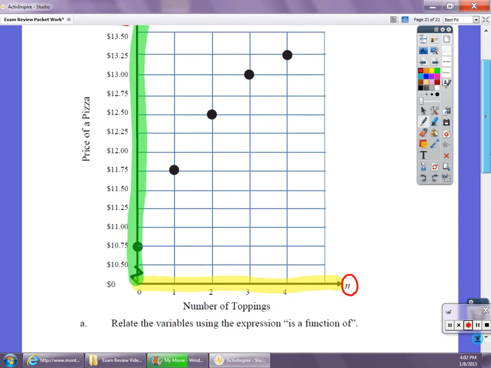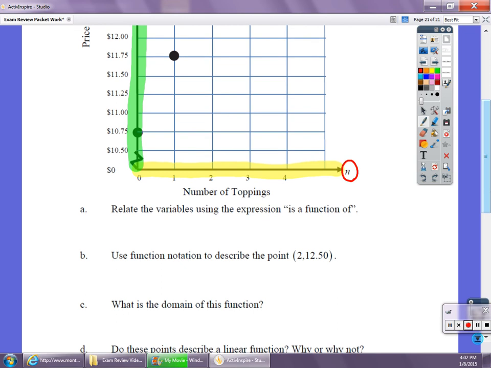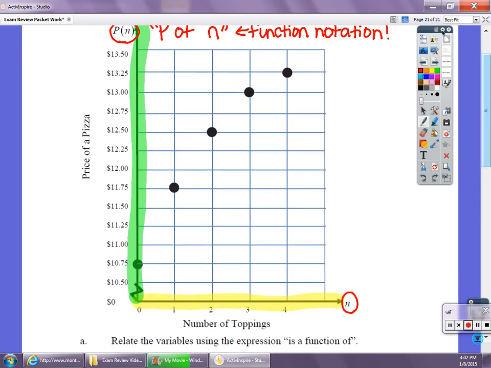So let's look at our questions. A, relate the variables using the expression "is a function of." So what we want to decide is which one of these variables is going to be independent and which one is going to be dependent. The independent variable is the one that's in control.